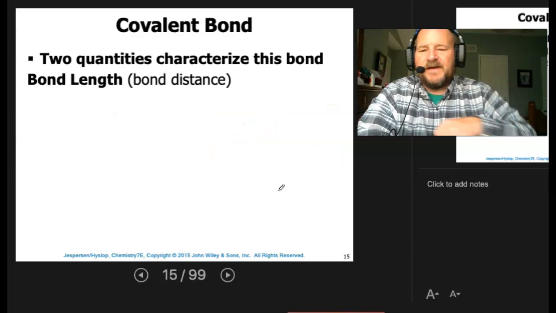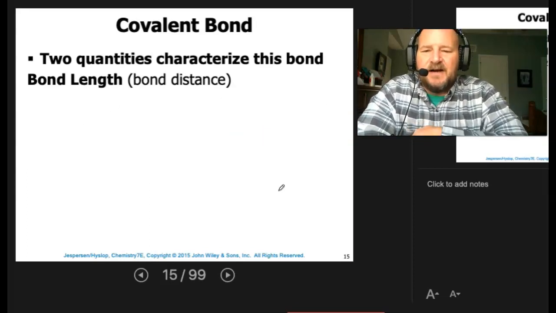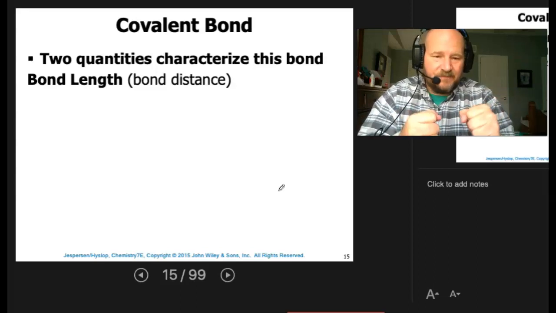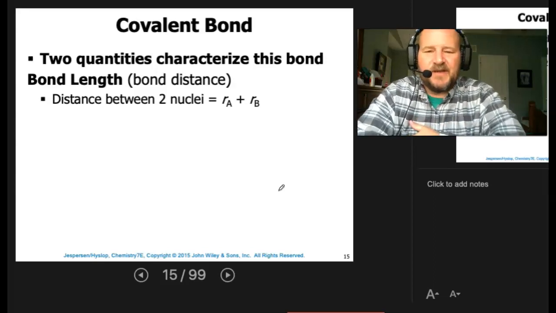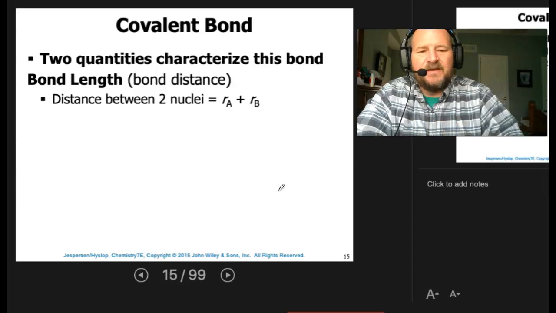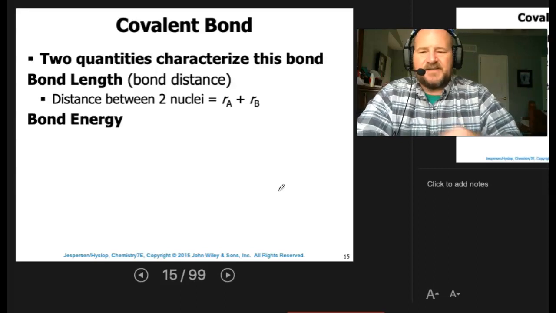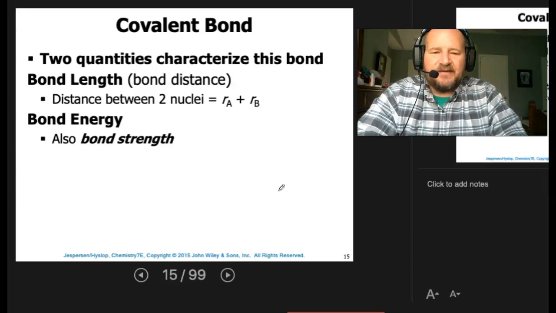All right, so for a covalent bond, 2 quantities characterize this bond. We'll have bond length. We just said the closer they get, the more repulsion they'll feel, right? So the distance between the 2 nuclei would be equal to the radius of A plus the radius of B. And the second thing that's going to characterize the bond is the energy itself. We also refer to this as bond strength. Okay?